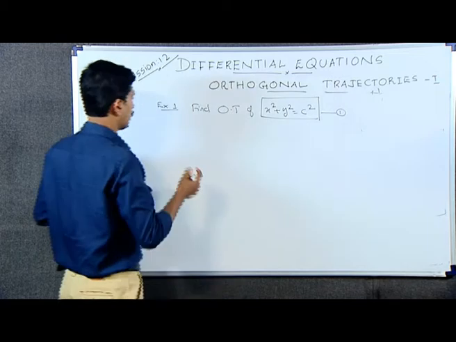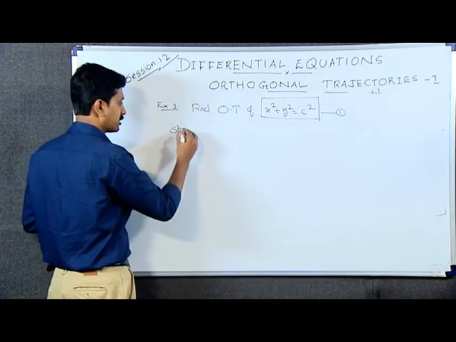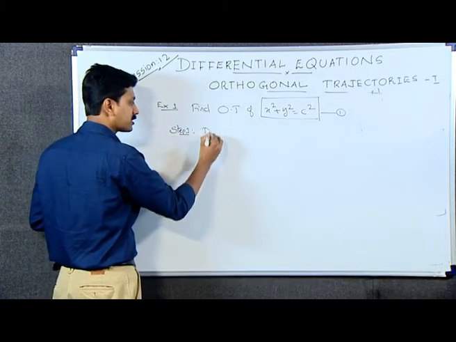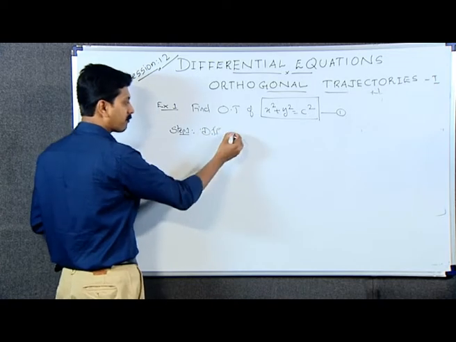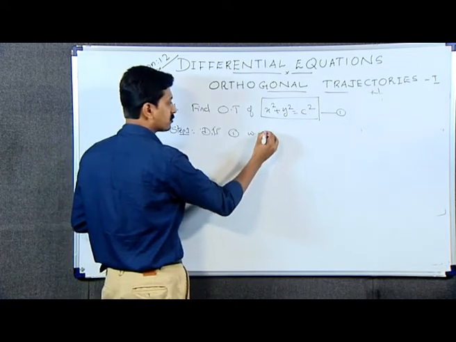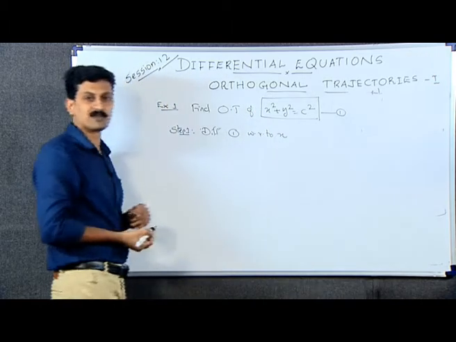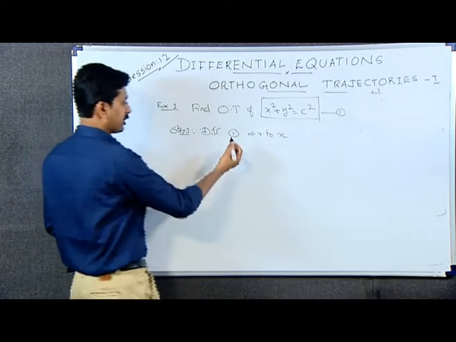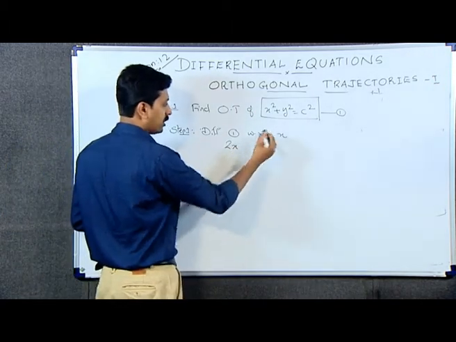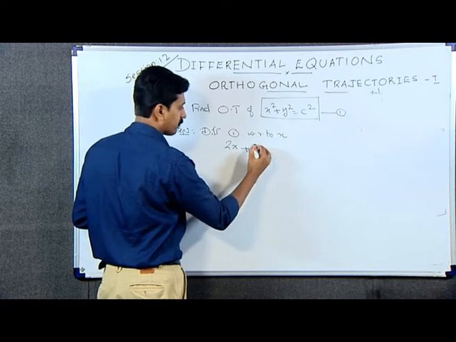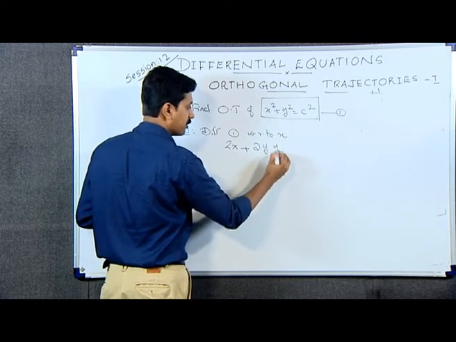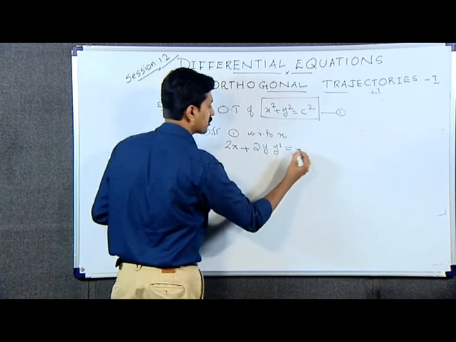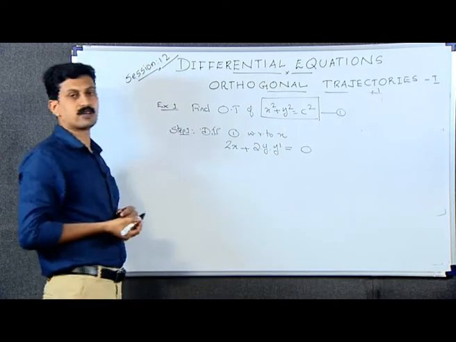In step 1, we differentiate 1 with respect to x. Here we have 2x, and the derivative of y square is 2y into y dash, equal to 0, treating c square as a constant.